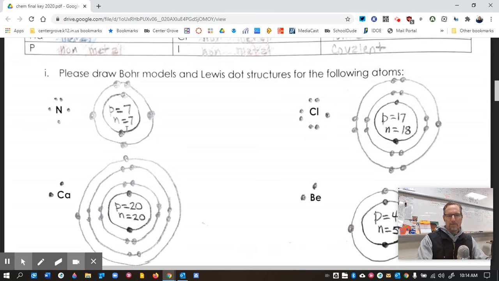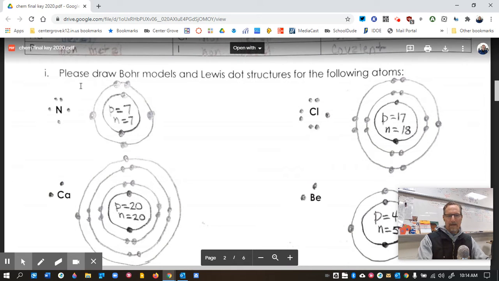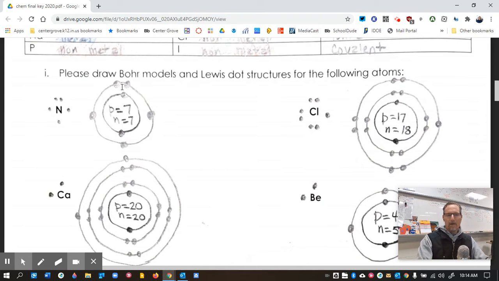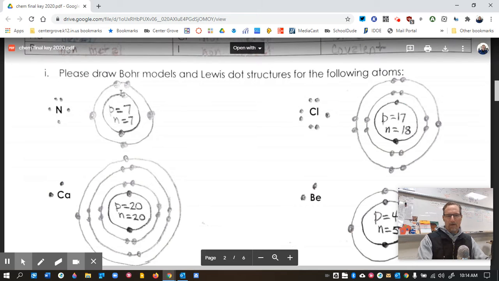So 1, 2, and then that shell is full because that first shell can only hold 2. And then the next 5 I want to put in the outermost shell, or the valence shell here. So 1, 2, 3, 4, 5. Make sure that you're doubling up only after you've gone all the way around.